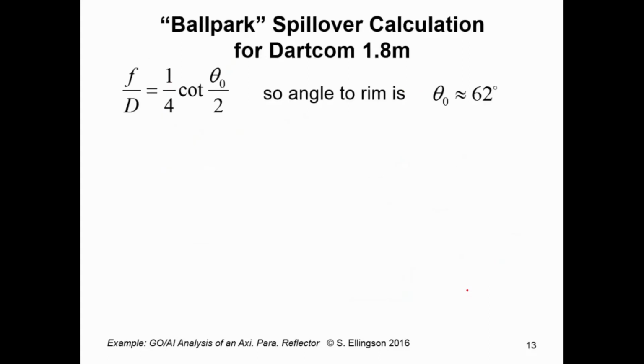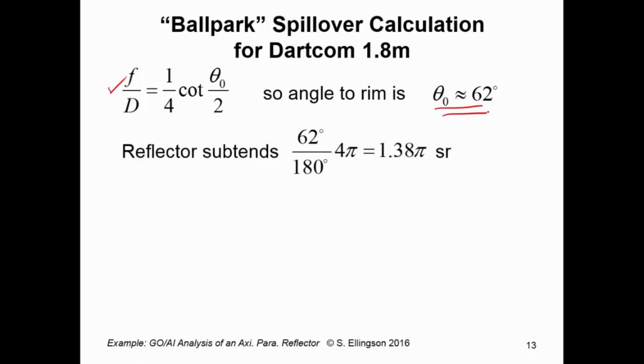Okay, so let's do a ballpark spillover calculation for this particular dish. The starting point is this relationship between F over D and angle to rim that we've developed in a previous lecture. We know the F over D for this dish, so we can solve for the angle to the rim. We find it's 62 degrees.